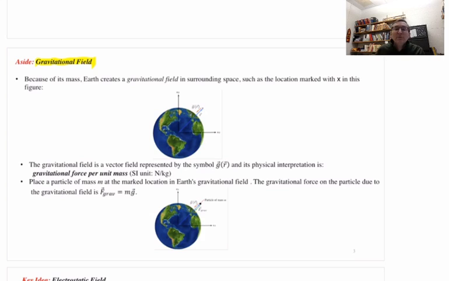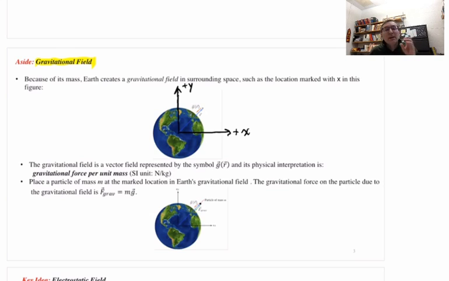So I've got a snapshot of Earth. I've got a coordinate system that's going to be very important when we work with fields. The origin is at Earth's center. And how you pick the coordinate system, by the way, is pretty much arbitrary, but you've got to pick one and then be consistent. So I chose the plus x direction going to the right in this picture, the plus y direction going vertically up, if you like, through the North Pole, and then the plus z direction will be coming straight out towards us.